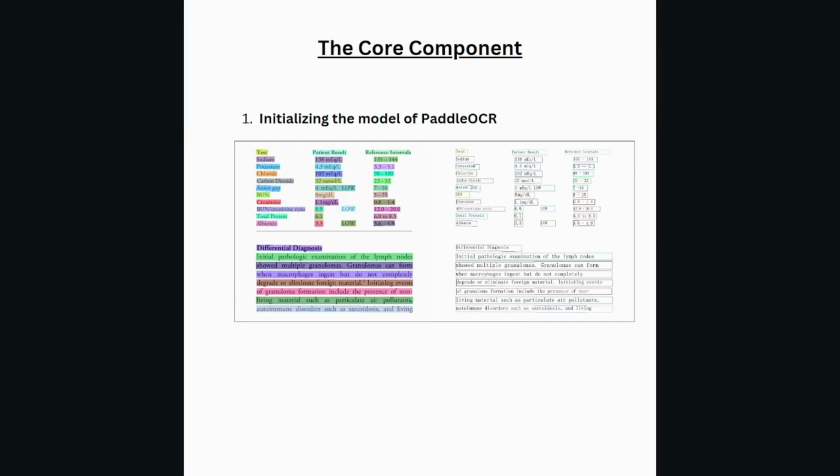For example, in this image file we have some English content, and on the right-hand side we have the text which the OCR model has detected. As we can see, the model is quite accurate in detecting text which is written explicitly.